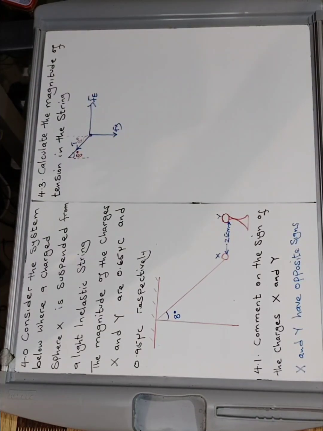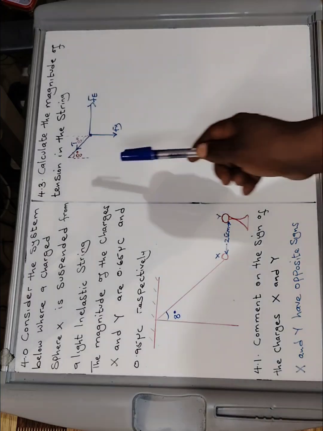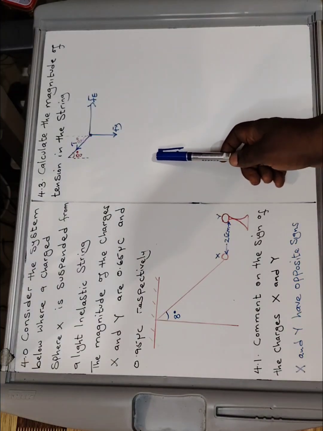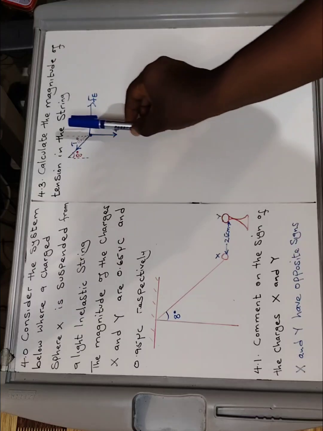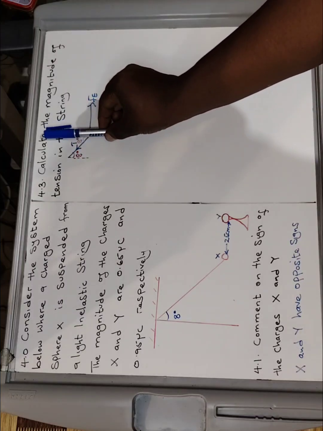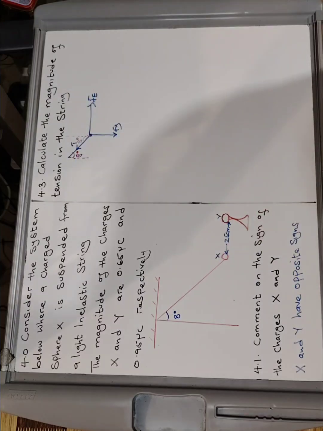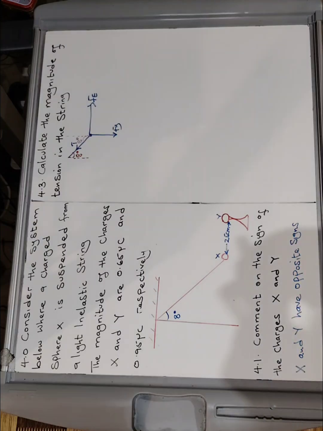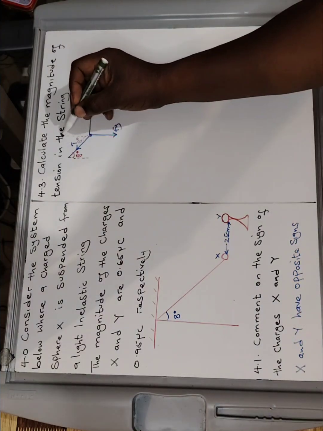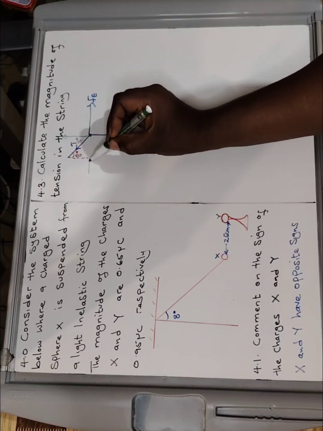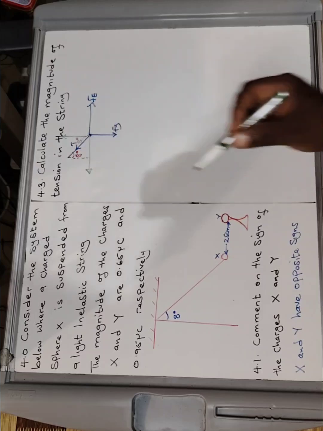So how do you go about that? Then we can go ahead and find the components of our tension. We are going to have the vertical component and the horizontal component. So let us look at them. The vertical component will be this one, and the horizontal component will be this one.